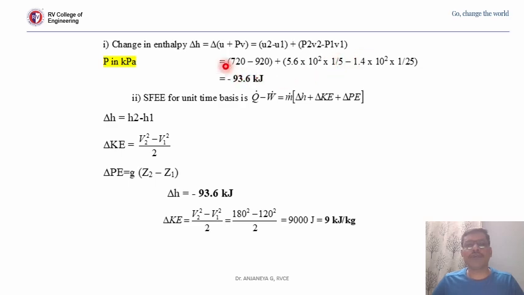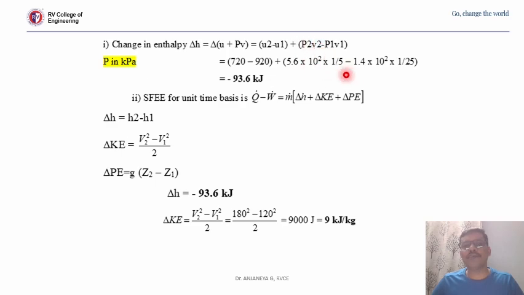Here in the problem U2 is given, U1 is given, both in kilojoules per kg. Here pressure is in bar, I am converting into kilopascal. So 5.6 bar is converted as 5.6 into 100 kilopascal.